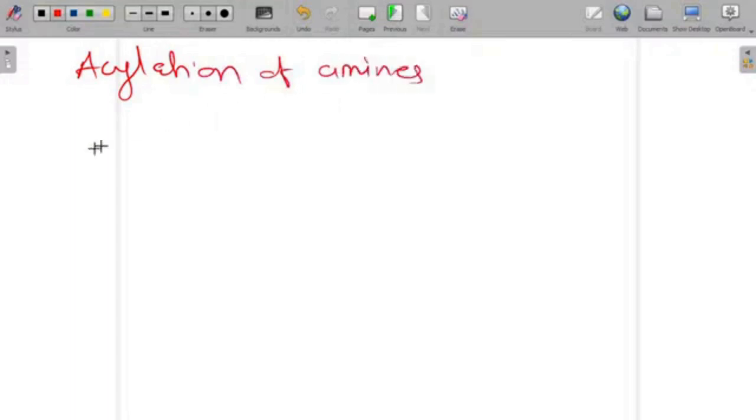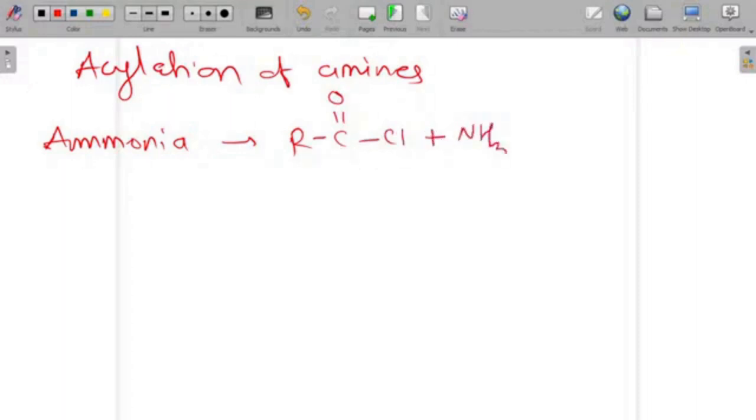So for acylation of amines, consider simple ammonia. How is ammonia reacted? If you react ammonia with acyl chloride in presence of pyridine, Py means pyridine.